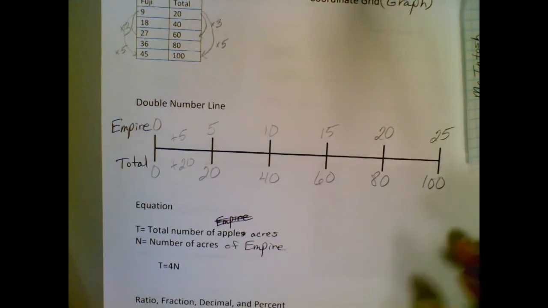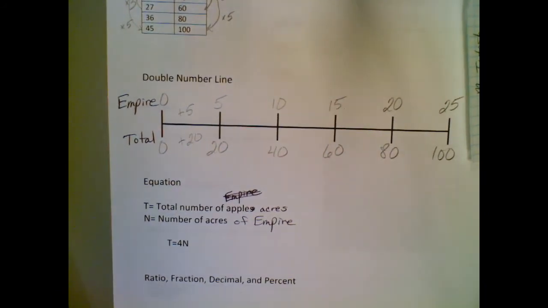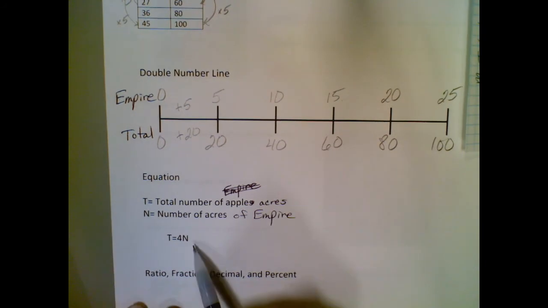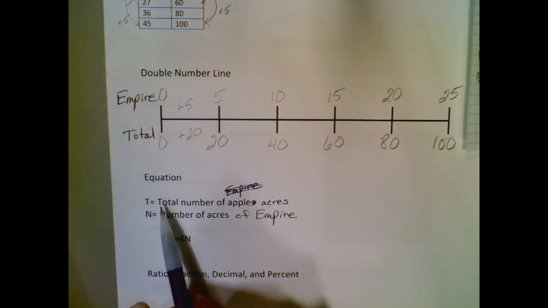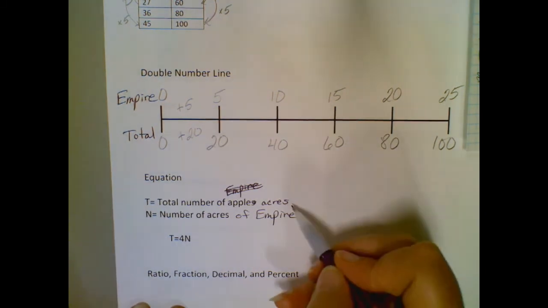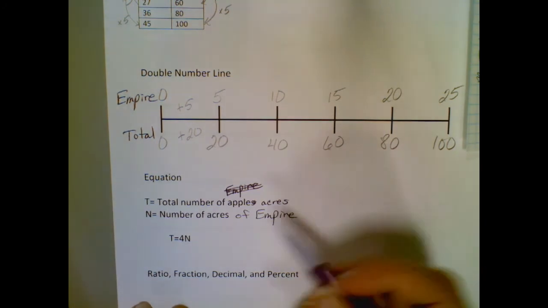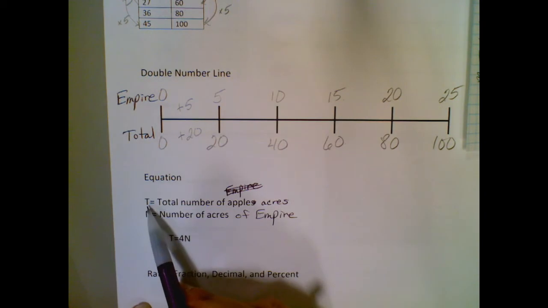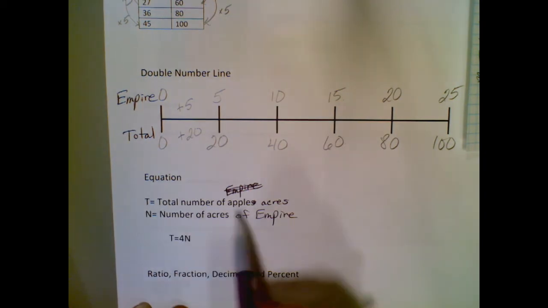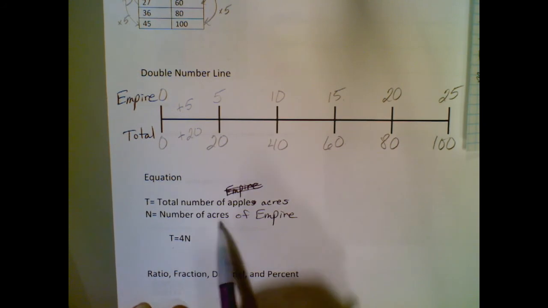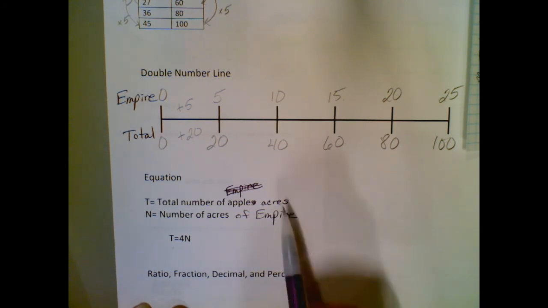We also worked and figured out an equation using a lot of this information, and we always have to define our variables. So right here we have our variables defined. Sorry for the crossouts. I changed my mind once we were working. T equals total number of apple acres, and N equals number of acres of Empire apples.